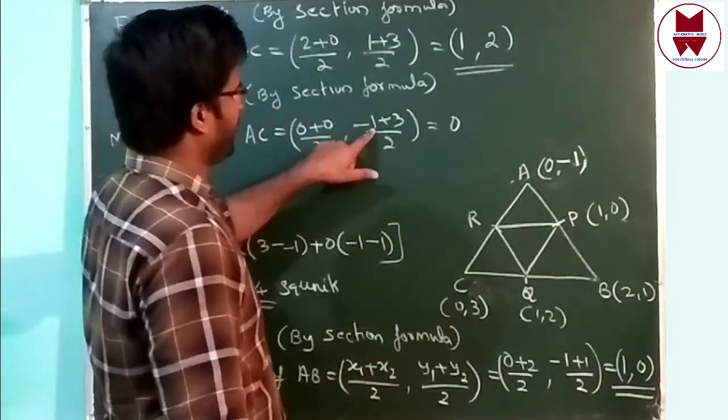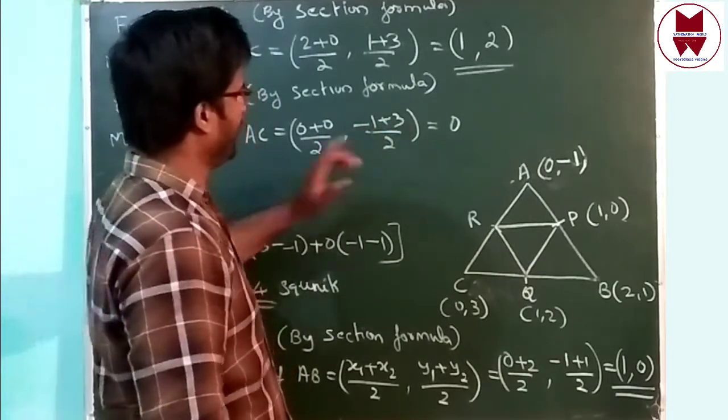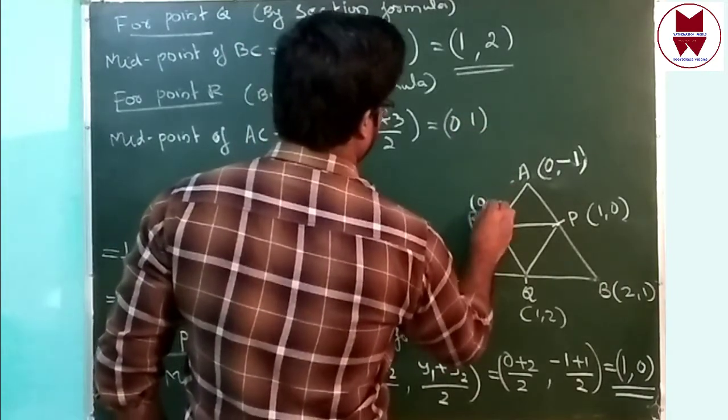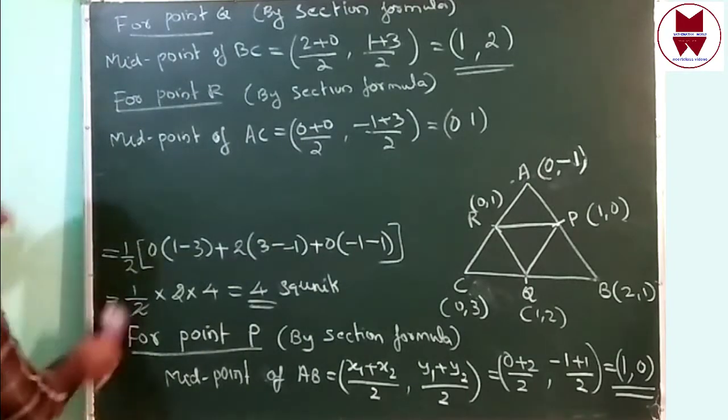Then minus 1 plus 3, we get 2, 2 by 2, 1. You will get the coordinates of R as (0, 1).